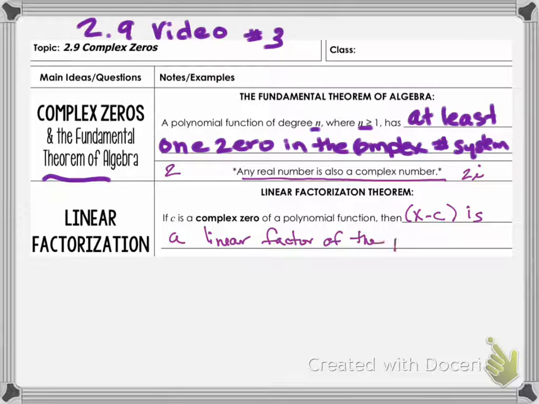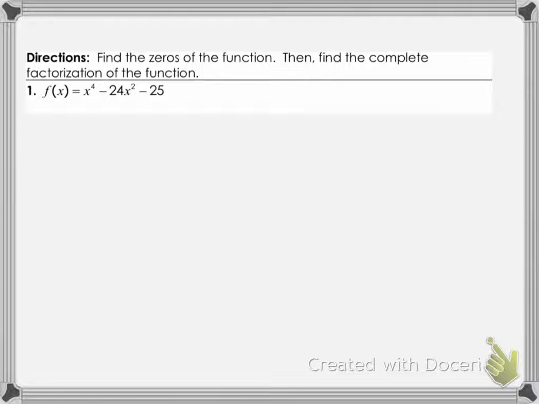So nothing new there, except they're now including complex zeros. So let's see what this all means. It says find the zeros of the function, then find the complete factorization of the function. So you're going to find the zeros, and then you're going to write it as linear factors, which I kind of have been doing all along.